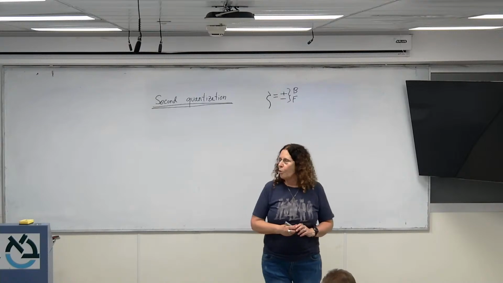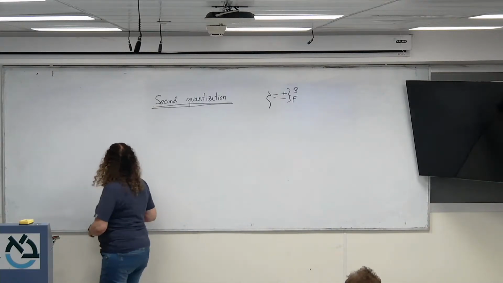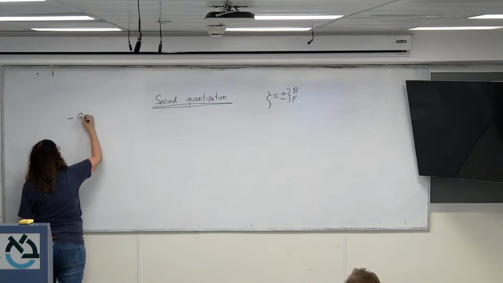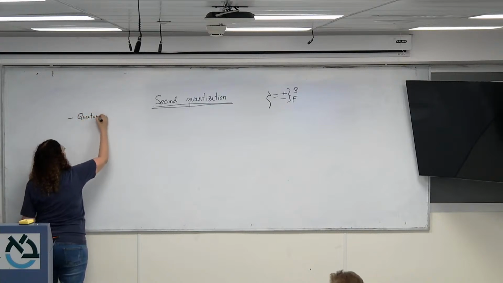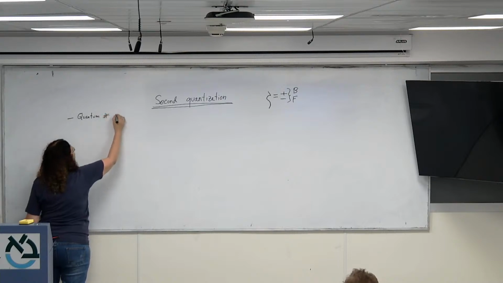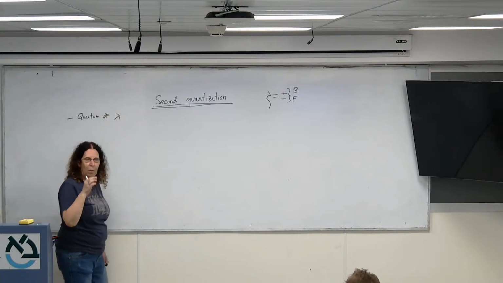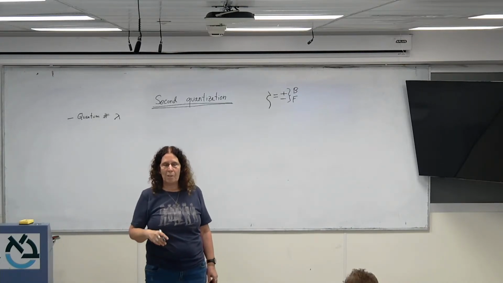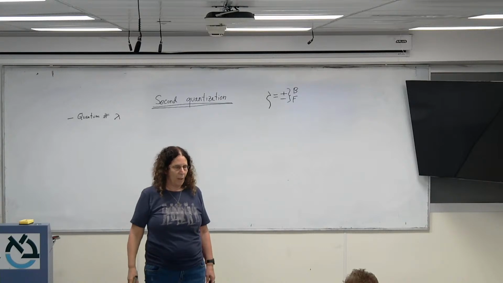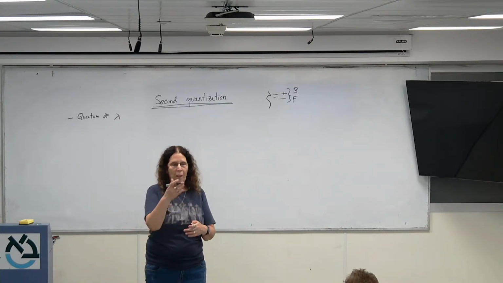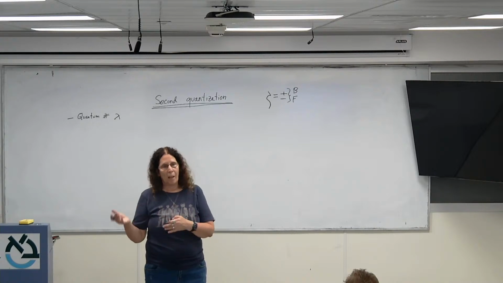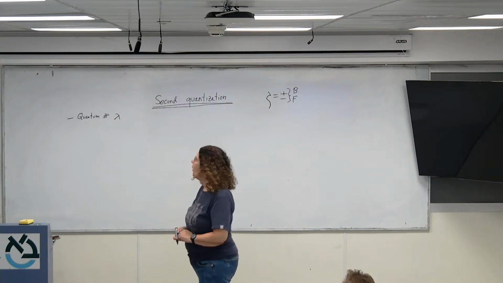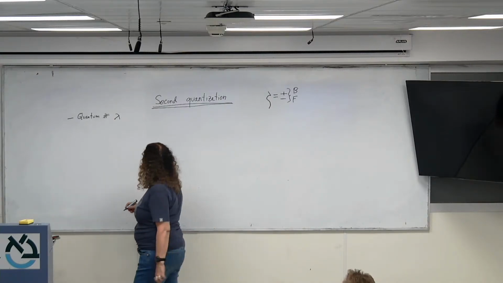Okay, so first of all, we have quantum numbers lambda, which exactly like I mentioned before. There are some quantum numbers that characterize the single particle states, like the electronic levels in an atom, like k, like spin, etc. Okay, some quantum numbers of a single particle.